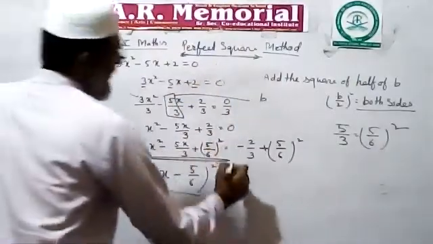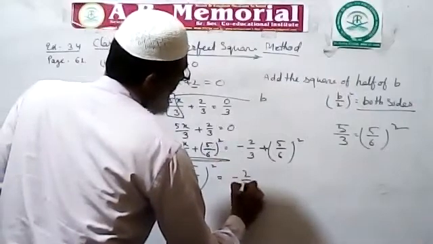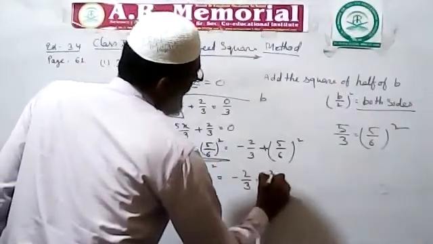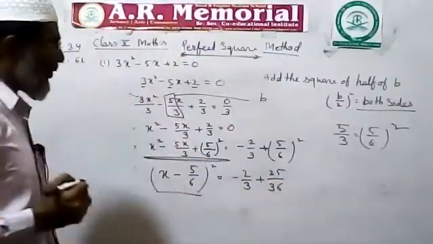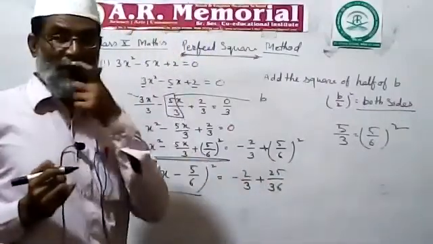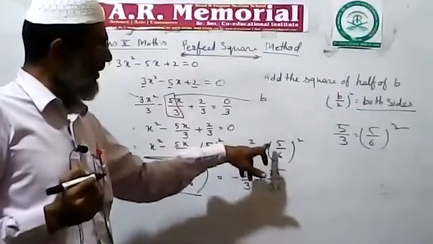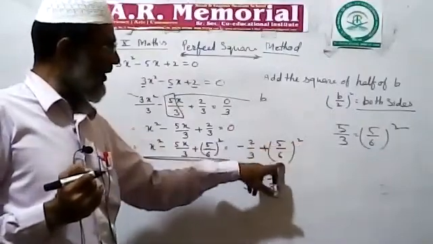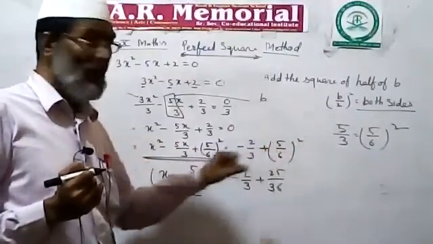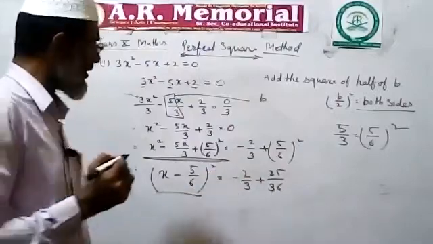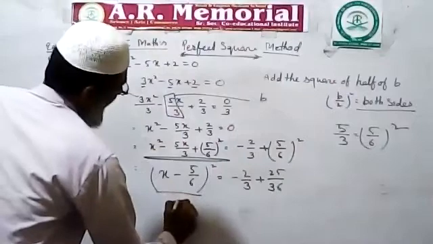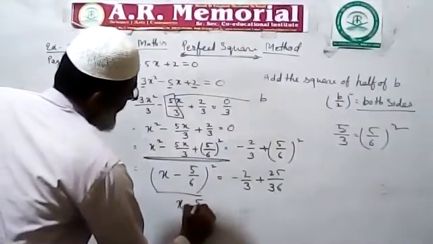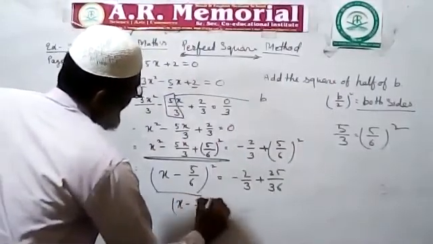Now come to this: minus 2 upon 3 plus 25 upon 36. Sir, how can we get 25 or 36? Students, you are just looking: 5 has a square and 6 has a square. Square of 5 is 25 and square of 6 is 36. Now, yes, x minus 5 upon 6 whole square.